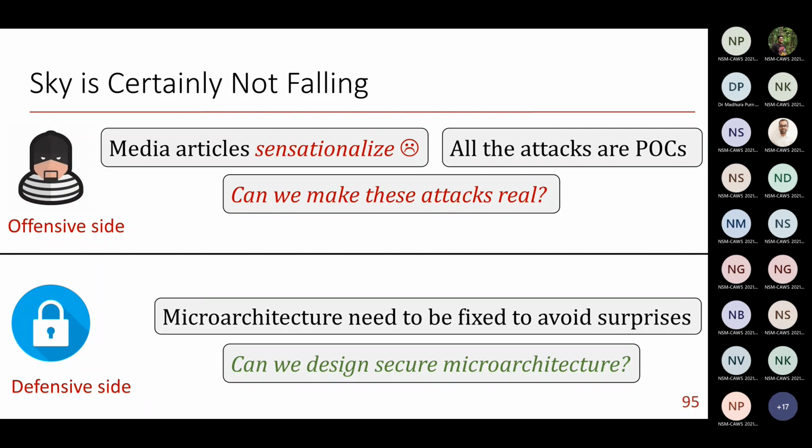This is a hard problem because the moment you want to make anything secure, there is a price for it, usually in the form of performance or energy. So if you can come up with an idea which doesn't hamper performance or energy consumption and still provides security, then it's the best solution for this problem.